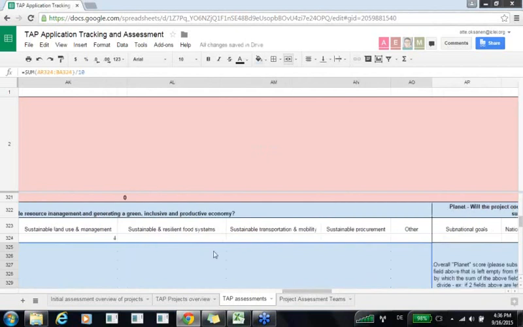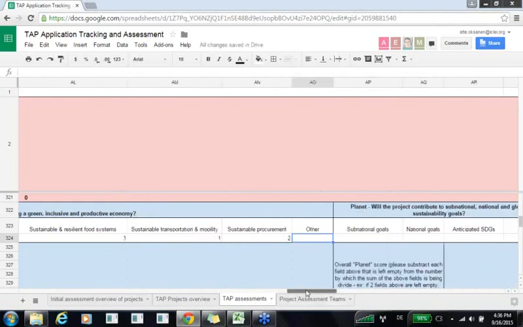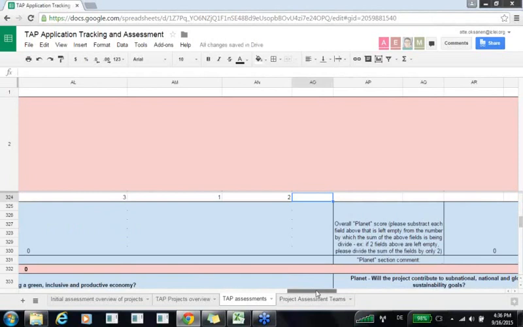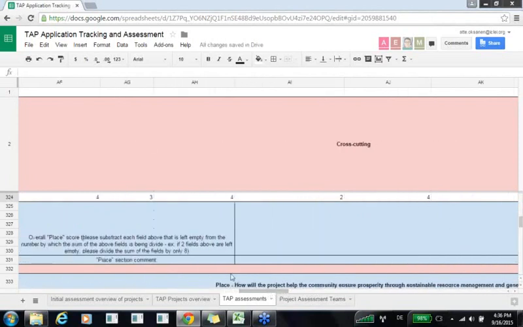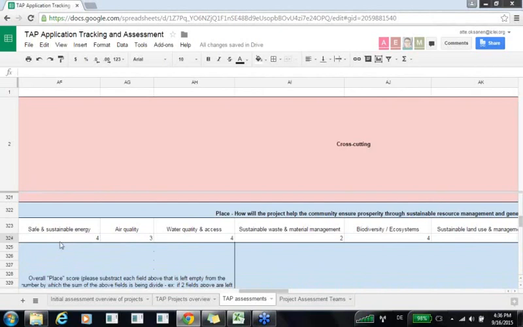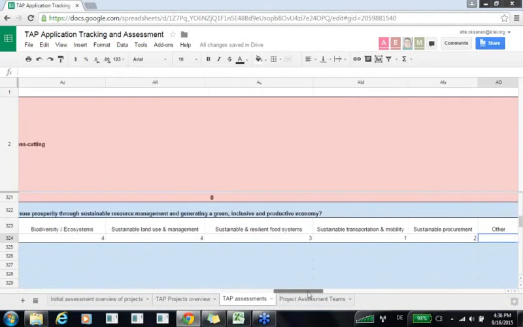And then maybe 3, 2, 2, and then other, we'll leave that blank. So the idea here is that the overall place score will be an average of all these scores, of all these grades.